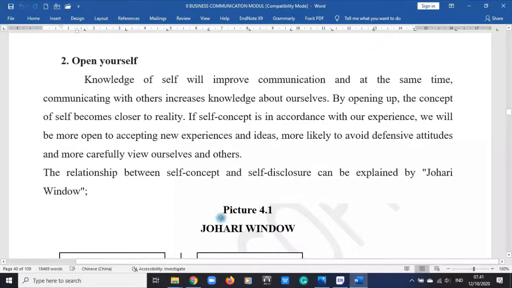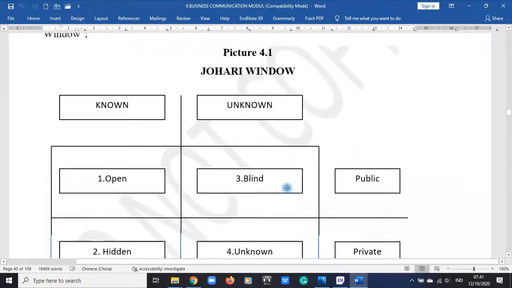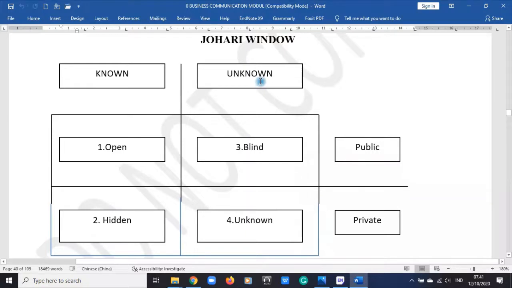The relationship between self-concept and self-disclosure can be explained by the Johari window here. Known, unknown, and then open, hidden, blind, unknown. This is how we see ourselves, whether we can see ourselves or not, or whether we can understand other people.